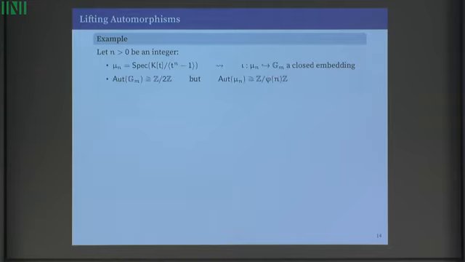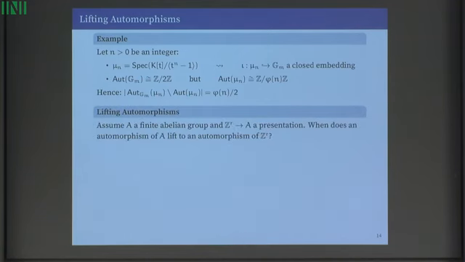Well, the automorphism group of the multiplicative group is a group of order 2. Inversion is the only non-trivial automorphism, because this is an automorphism as an algebraic group. But the automorphism group of mu n has size Euler's phi function of n. So you clearly don't get everything here. It's not always going to lift, and in fact, the index is going to be phi of n over 2.